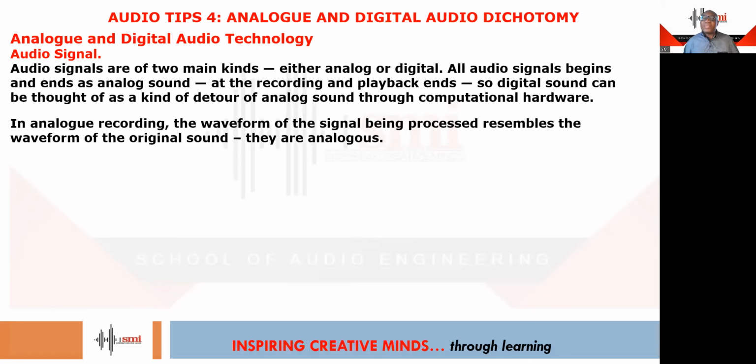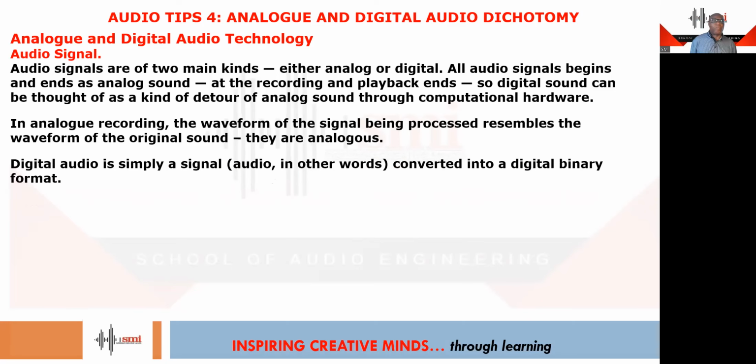When it's converted to electrical signal, it has a true representation of the original. That is the reason why they are analogous to each other. That is what we call analog. It is the signal that we are calling analog signal, not the device, as it passes through the signal flow from input to output.